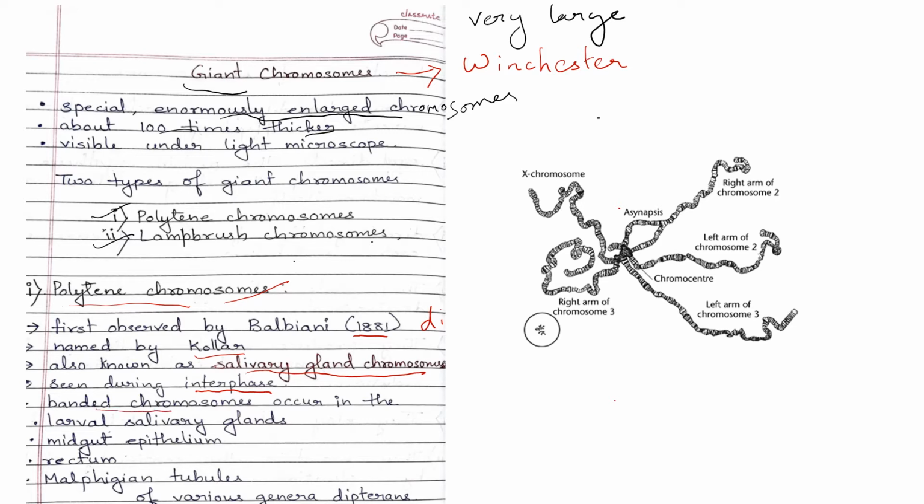These are banded chromosomes and occur mainly in larval salivary glands, midgut epithelium, rectum, and malpighian tubules of various genera of dipterans. This was first observed in the dipteran larva by Balbiani, and the name Polyteen chromosome was given by Kohler.